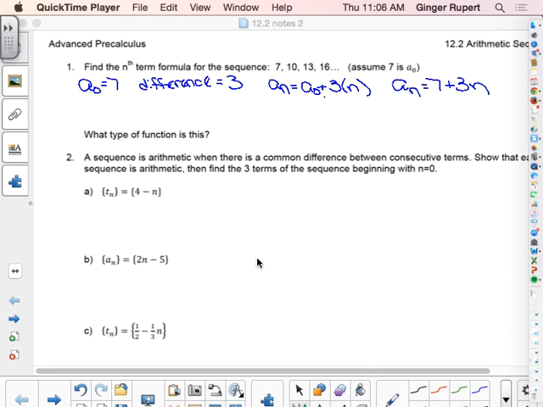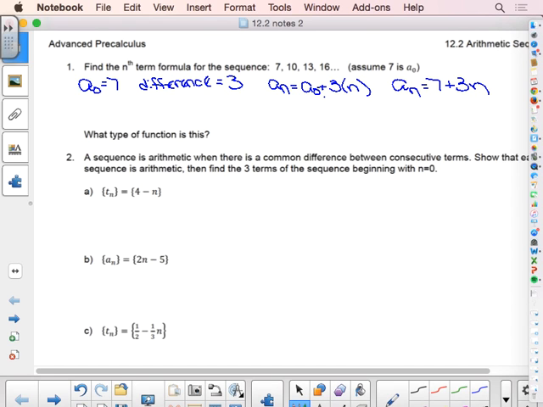It says a sequence is arithmetic when there is a common difference between consecutive terms. Show that each sequence is arithmetic, then find 3 terms of the sequence beginning with n equals 0. To do this, we're going to take t of n plus 1 and subtract t of n.